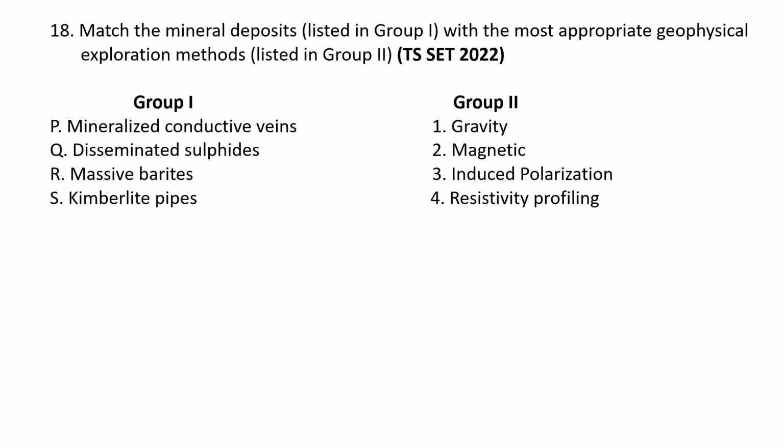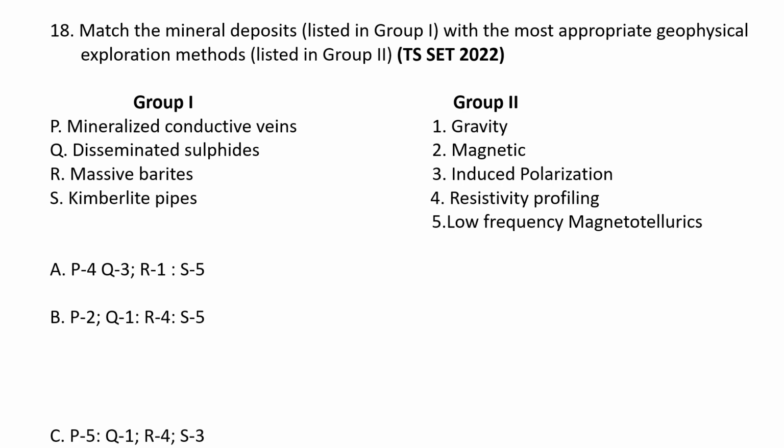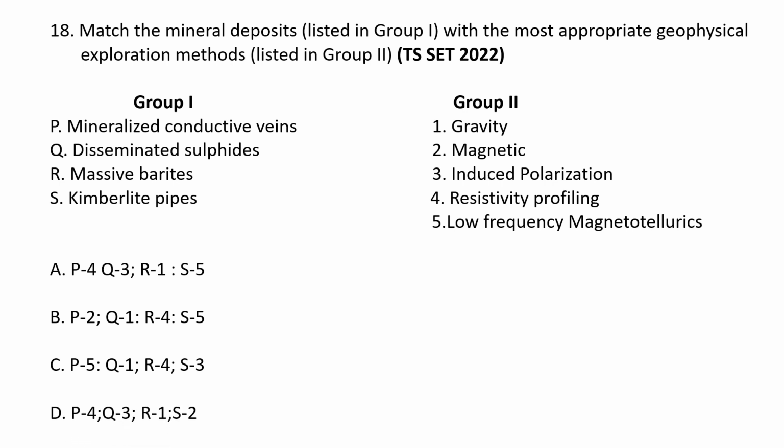In group 2, 1 is gravity, 2 magnetic, 3 induced polarization, 4 resistivity profiling, and 5 low frequency magnetotellurics. The choices are A, P4, Q3, R1, S5; B, P2, Q1, R4, S5; C, P5, Q1, R4, S3; and D, P4, Q3, R1, S2. By observing this, the correct answer is D.